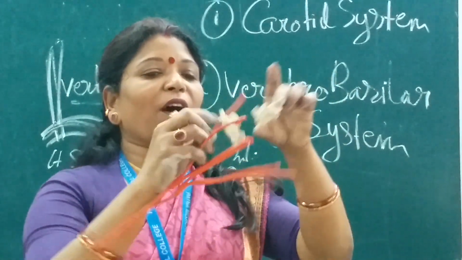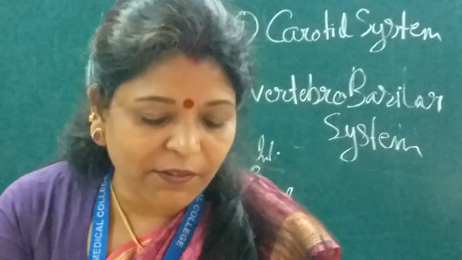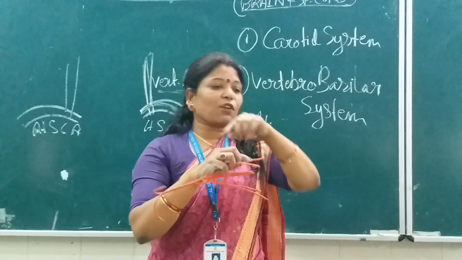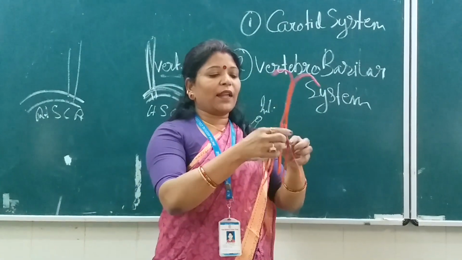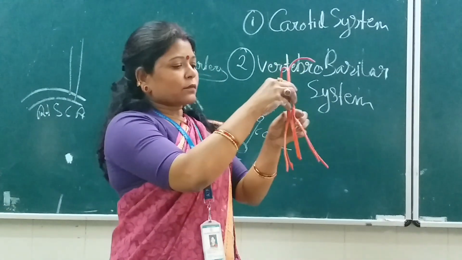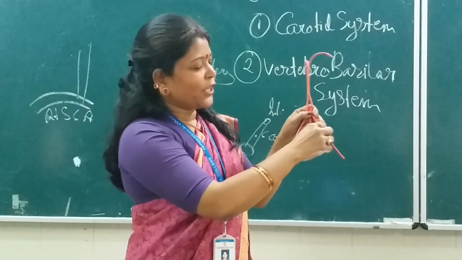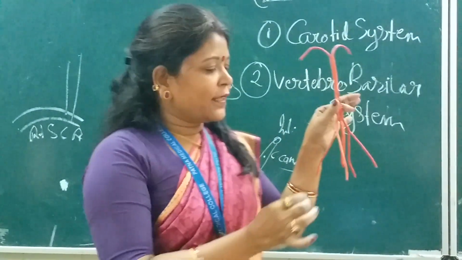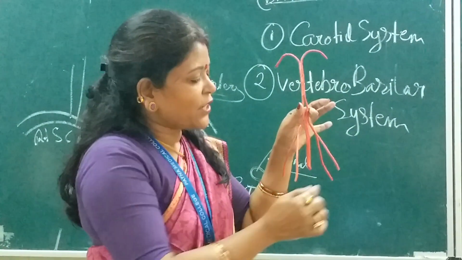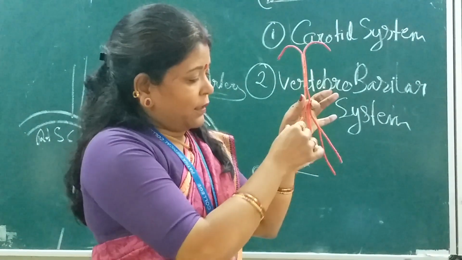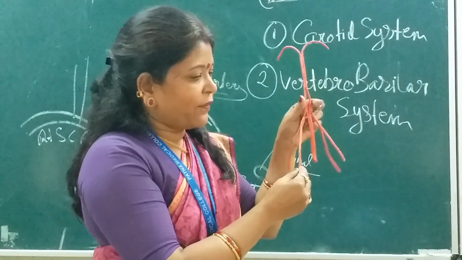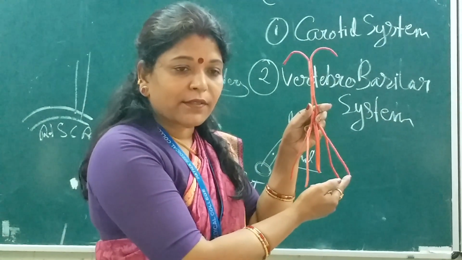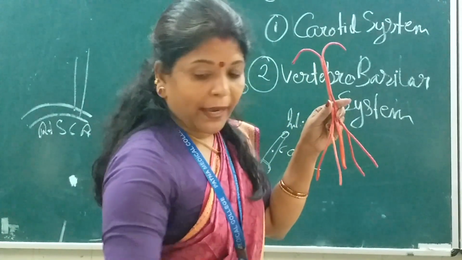When the first cervical, what is the name of the first cervical vertebra? Atlas. At the superior surface of the atlas, both the vertebral arteries, look here, suppose this one is the vertebral artery in pair, which has been arising from the first part of the subclavian artery, going upwards via the foramen transversarium through the cervical region, then comes the foramen magnum.